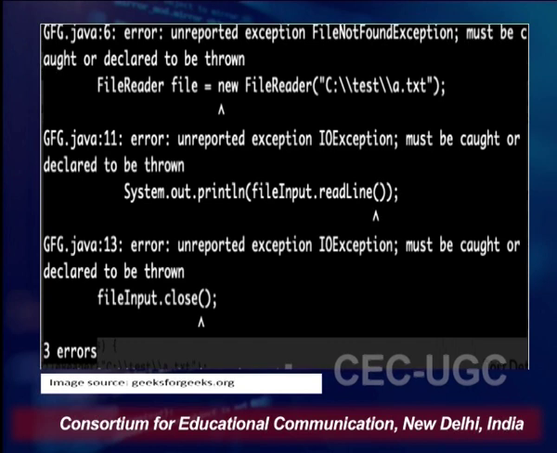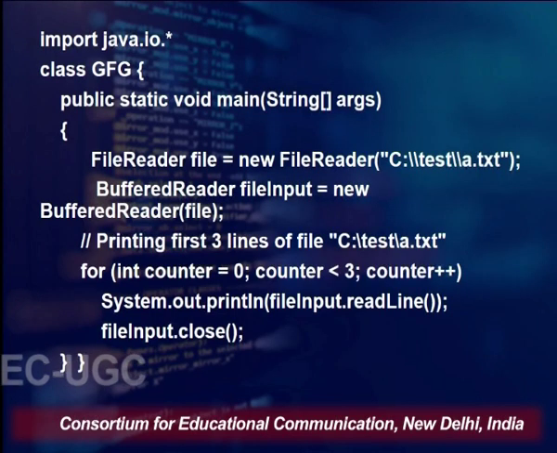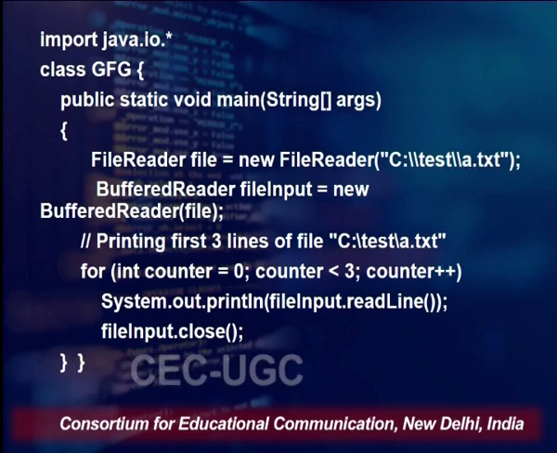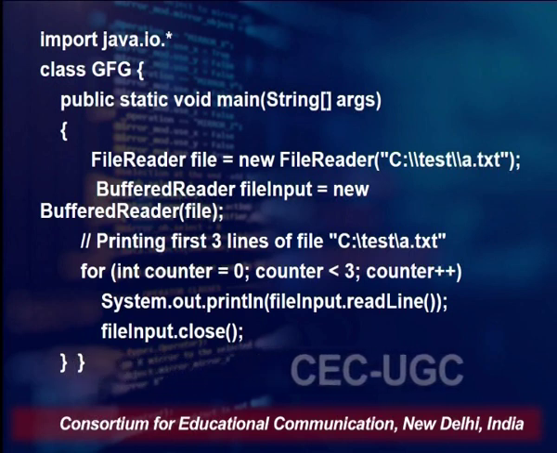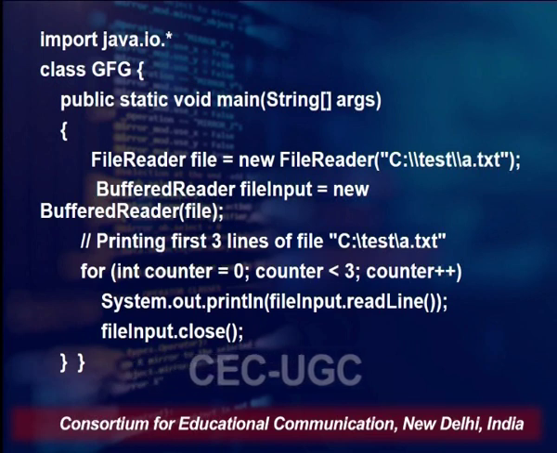Again it is going to give an unreported exception, input output exception must be caught or declared to be thrown. So basically 2 exceptions are available within this code, which reads from the file and prints those lines onto the screen. One is the file not found exception, and another one is the input output exception.